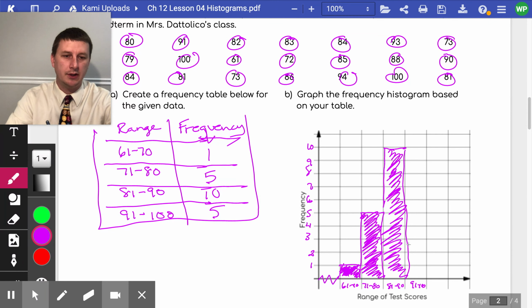And 91 to 100 will be back at 5. Very neat, I know. There we go.